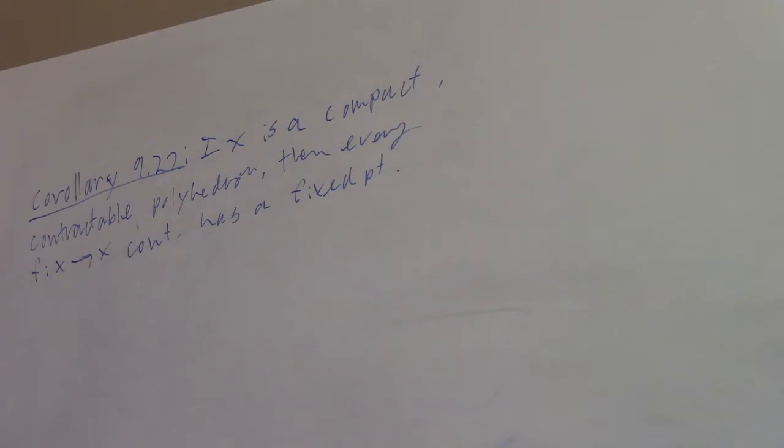So proof of that: contractibility gives us that all homology groups are 0 for n greater than 0. So this is immediate from Corollary 9.20. Of course, as he remarks on the next page, this also implies the Brouwer fixed point theorem, because D^n is, of course, contractible.